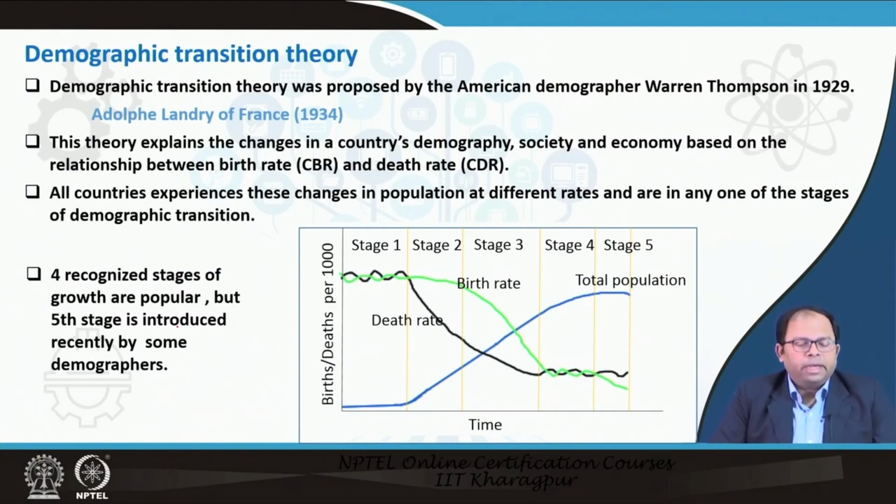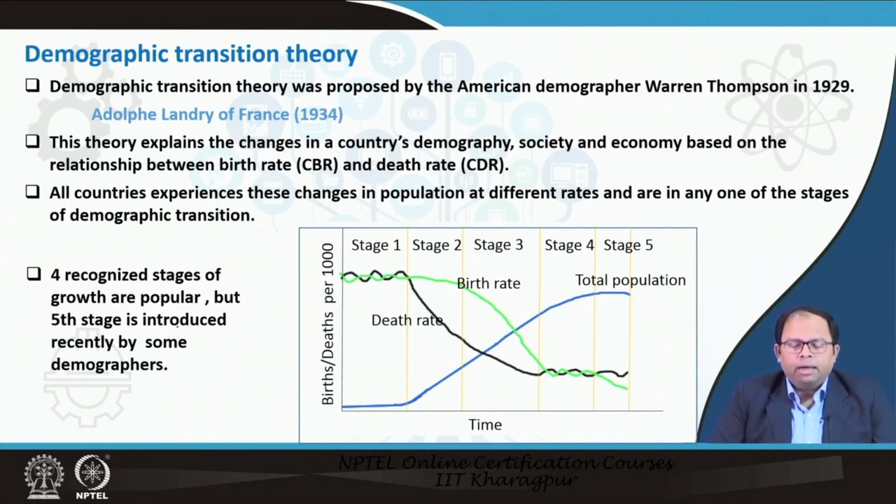Extending this theory, all countries experience this change in the demographic pattern or population structure because of the difference in birth rate and death rate at different periods, and they experience these changes at different rates.